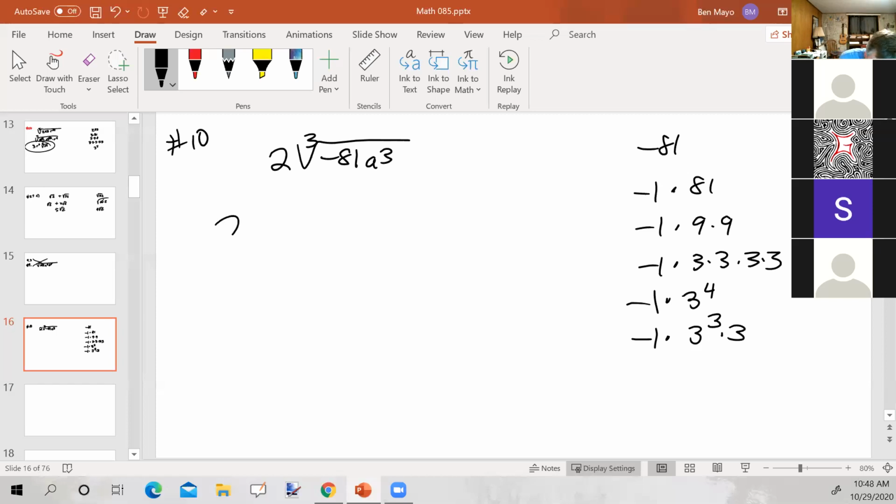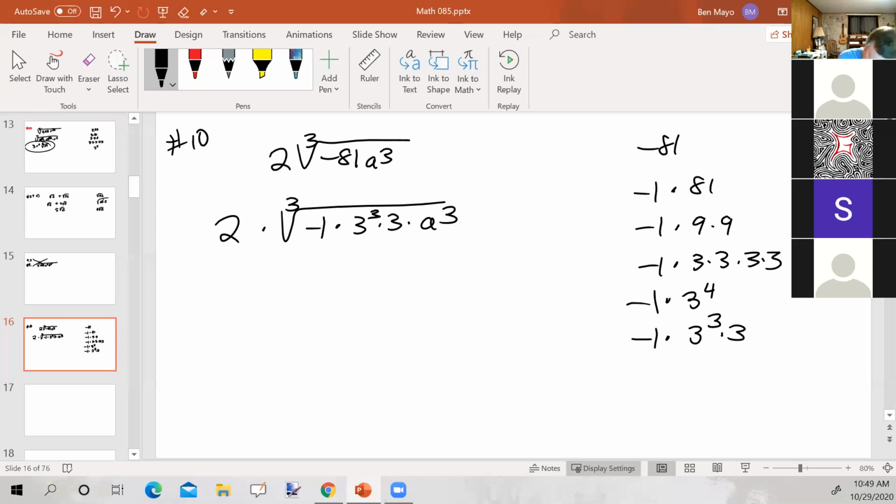Okay, so I've got a 2 outside times the cube root of negative 1 times 3 cubed times 3 times a cubed. Now, what's negative 1 times negative 1 times negative 1? Negative 1. So what's the cube root of negative 1?